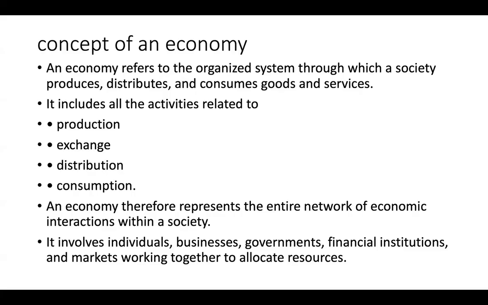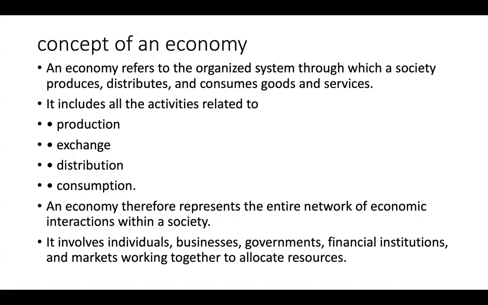I'm saying that every economy includes several important participants. These include households that consume goods and services, firms that produce goods and services, the government institutions that regulate economic activities, financial institutions that support savings and investment, as well as the market where buyers and sellers interact. So these groups interact continuously.